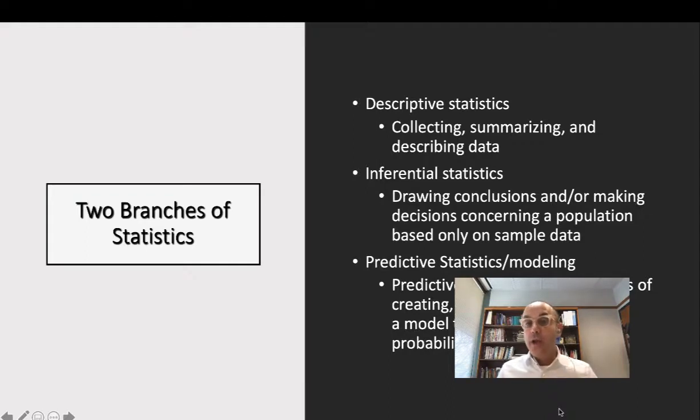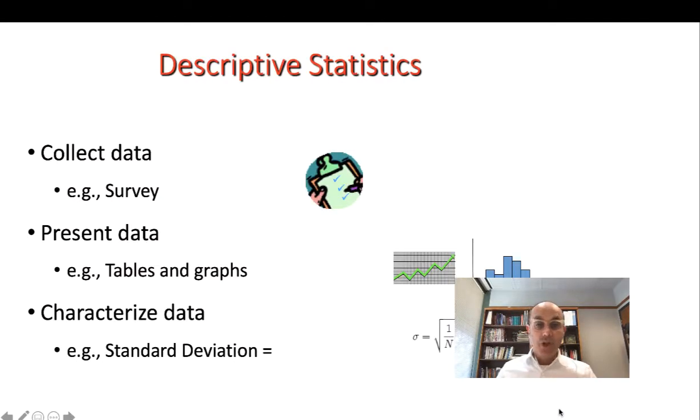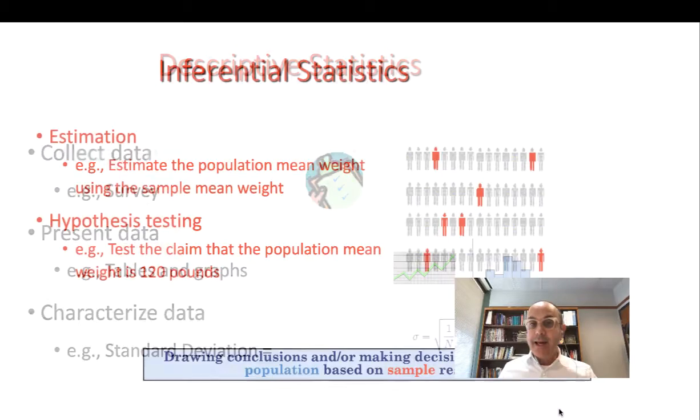In inferential, we usually talk about how it reflects on the population based on a sample that we take. And predictive is the idea of coming up with a model that helps us to predict the probability of an outcome.